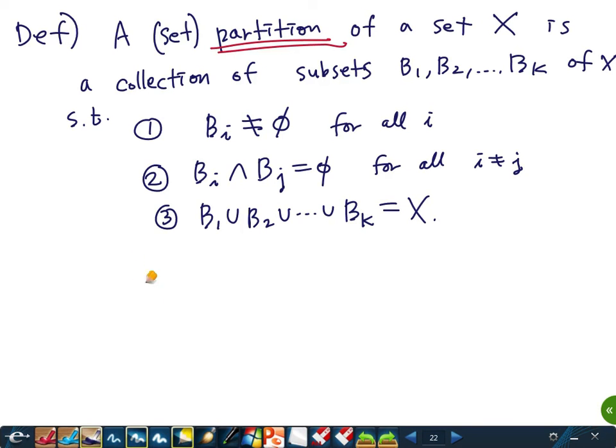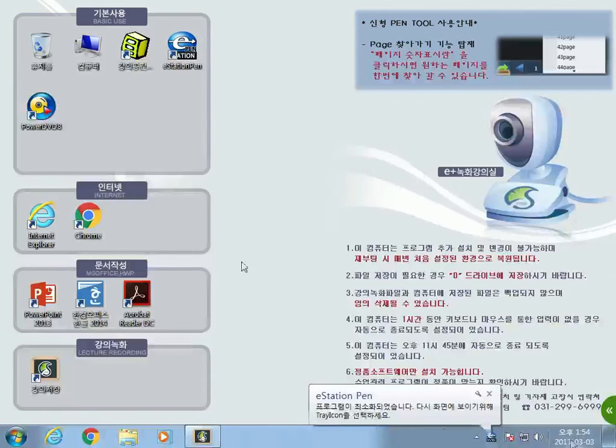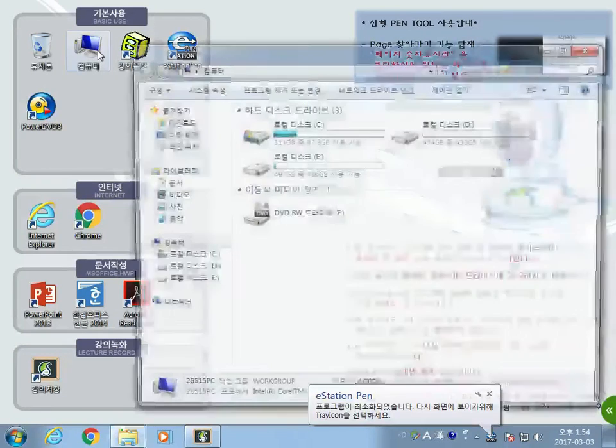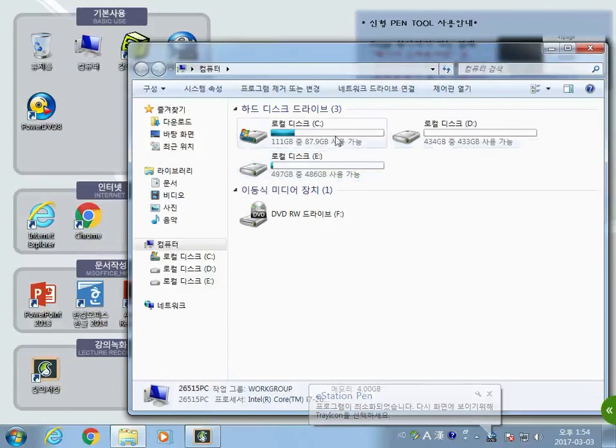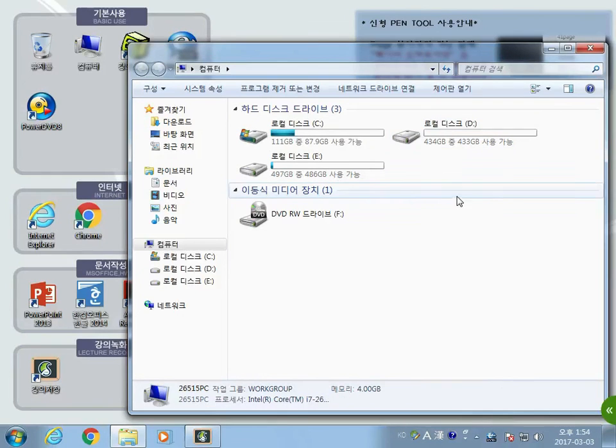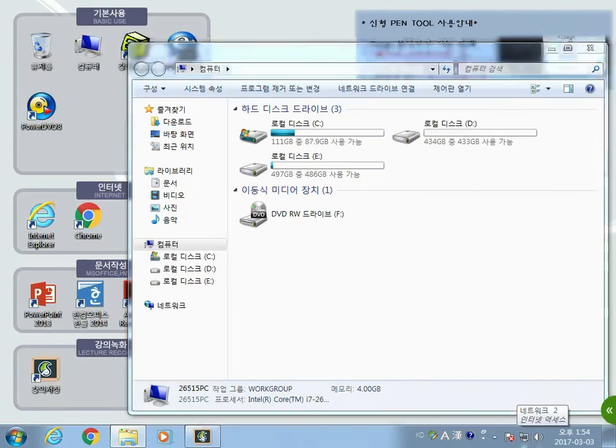Do you use Windows? You do disk partition, right? Let's look at this. If you look at My Computer, you see you have 3 drives. Physically, this computer has only 1 physical hard drive, but there are 3 disks. How did somebody do this?